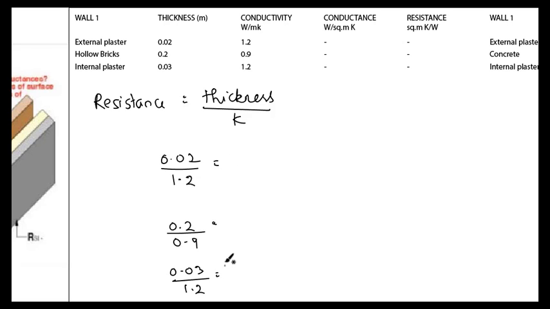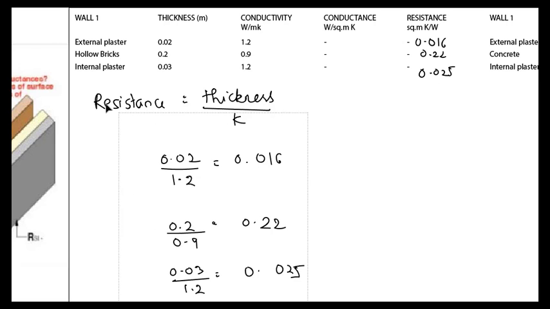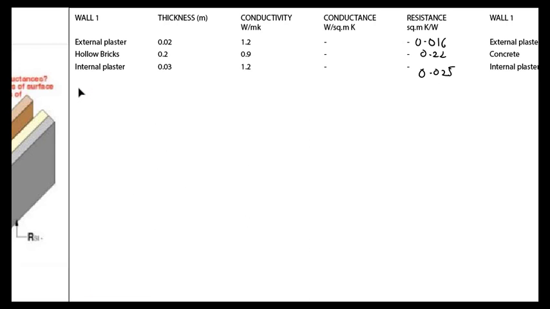Okay, so the values will be 0.016, 0.22, 0.025, right? So these are the resistance values. Adding the reciprocals of the resistance values, we can get the total U value, right? That is the conductance.